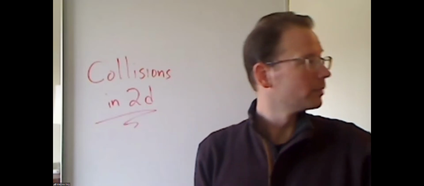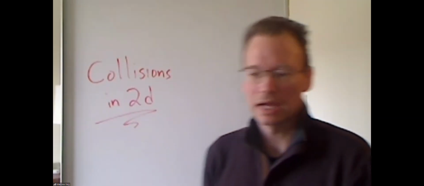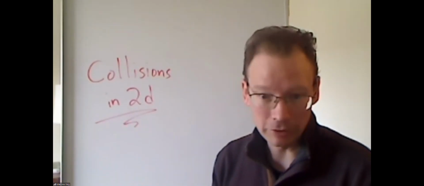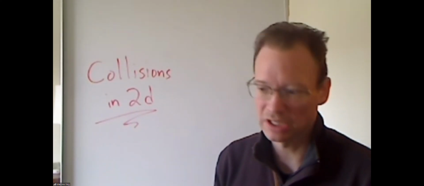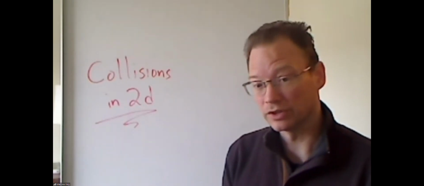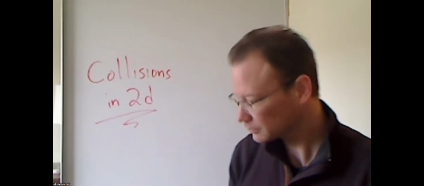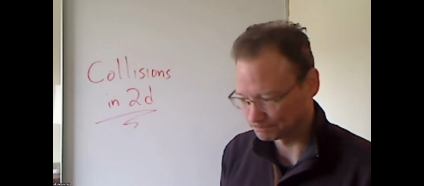And then last week we did a lab about energy, investigating mechanical energy, potential energy, kinetic energy, and trying to investigate conservation of energy in a couple different scenarios, things moving up and down. Today's lab is collisions in 2 dimensions.